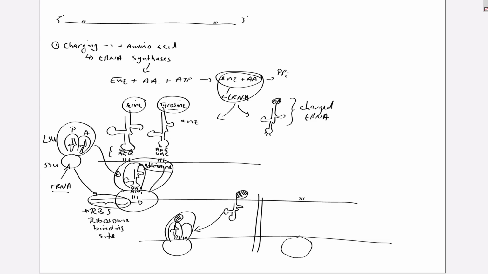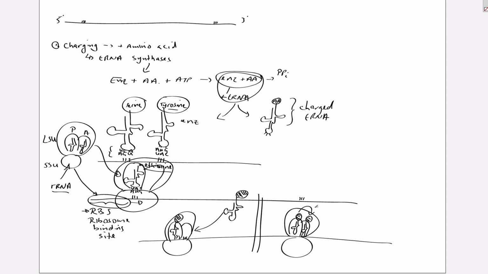So small subunit, large subunit, two cavities, and now two tRNAs present. Two transfer RNAs are present, two amino acids are present. And what happens is that the first amino acid is transferred across to the second amino acid.